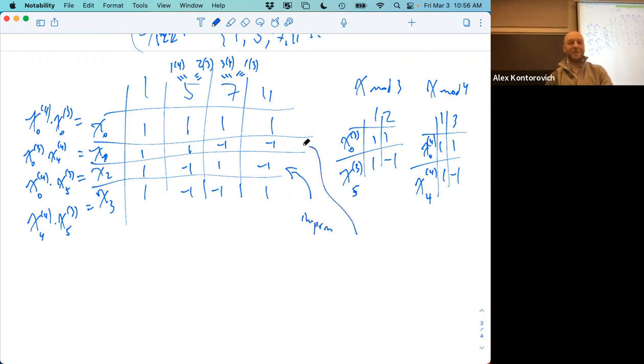This guy's also imprimitive. It's the character mod 3 extended mod 12. And we missed this because we weren't looking at it, or I did it very quickly. Right? It's the character mod 3 extended mod 12.